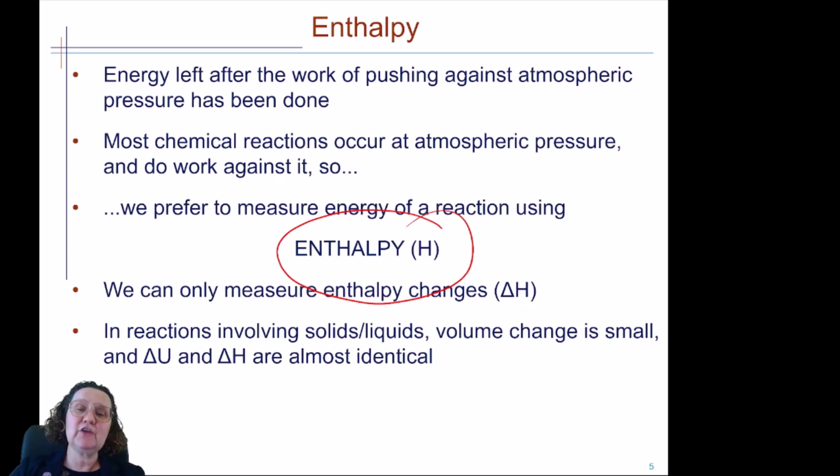When you have a reaction where there are no gases, where there are only solids and liquids, the work aspect, the fact of gases pushing against the atmospheric pressure or against a piston, is very small. The change in volume that would give you this sort of expansion or contraction of a reaction that would result in the reaction doing work is very small with solids and liquids only.